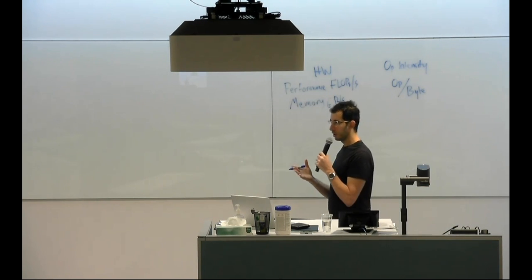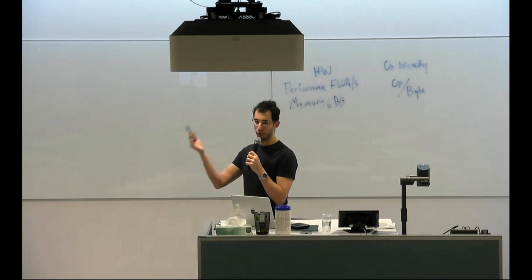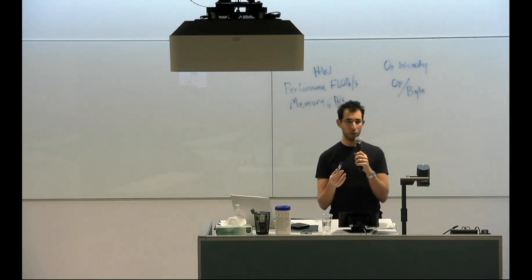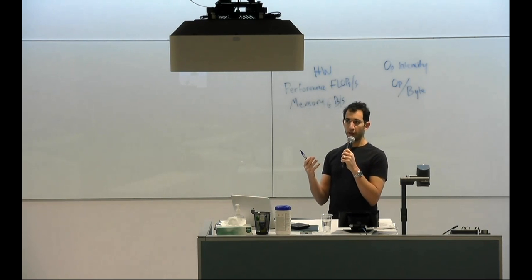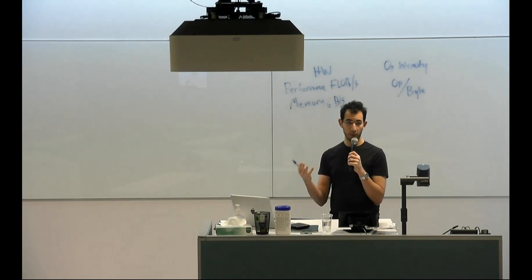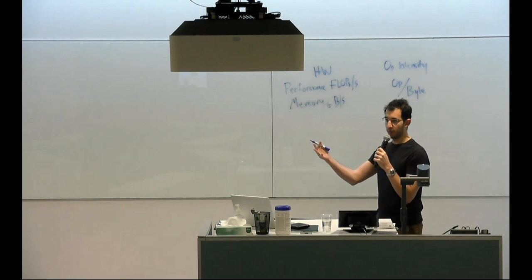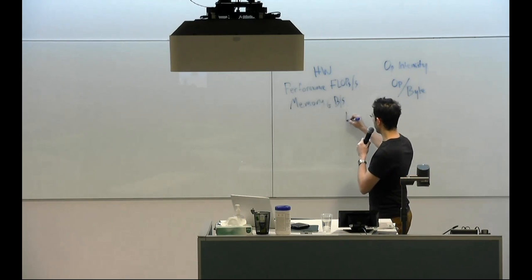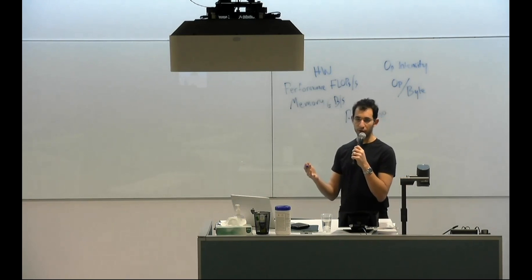So now we have a way to compare different hardware types to each other. We have a way to quantify the compute and memory required for a specific workload. How do we know which hardware is best for which workload? And for that, we talked about something called the roofline. So that's taking both of those concepts and putting them together on one plot.